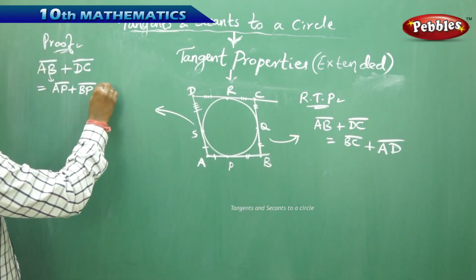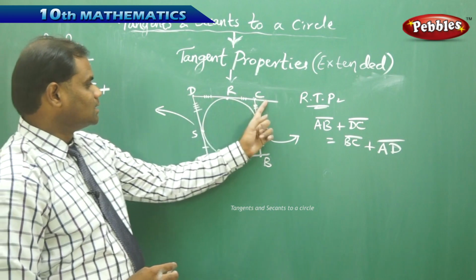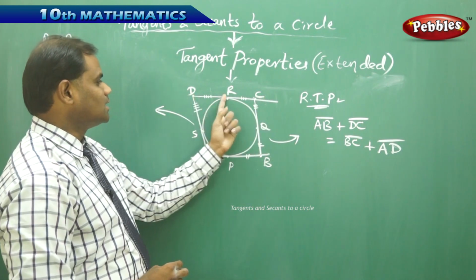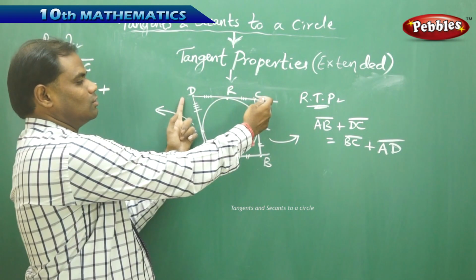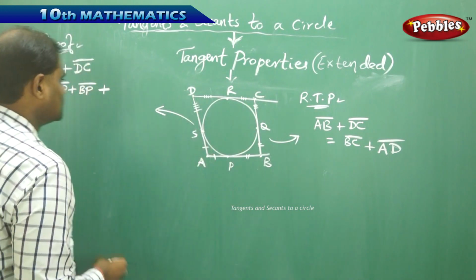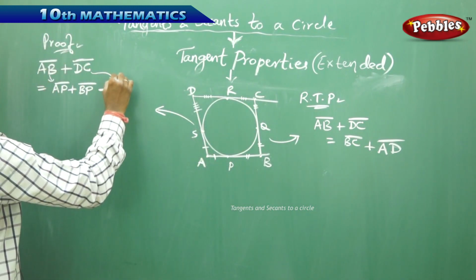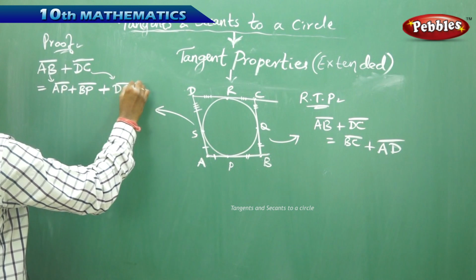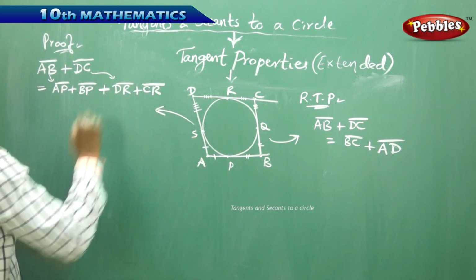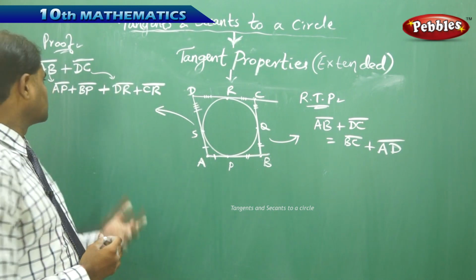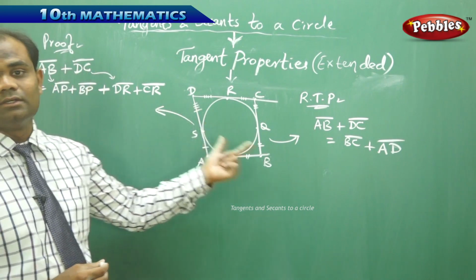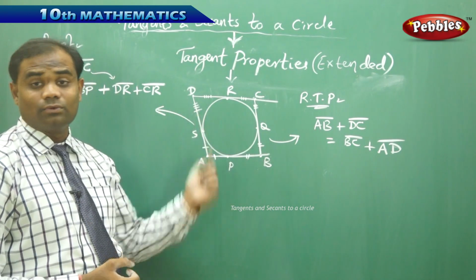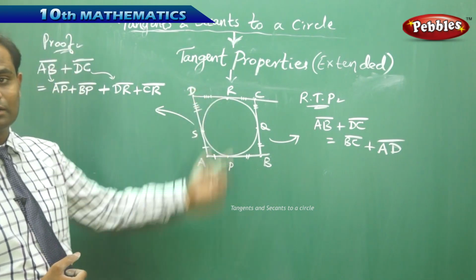Similarly, I can split the side DC as DR plus CR, which on the whole makes DC. So I split each of the sides AB and DC through the respective points P and R.